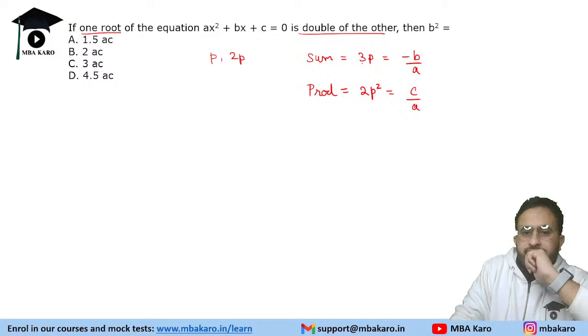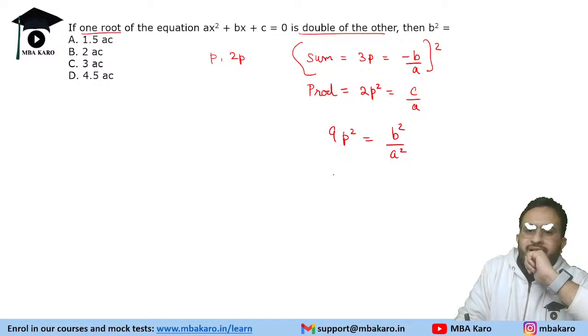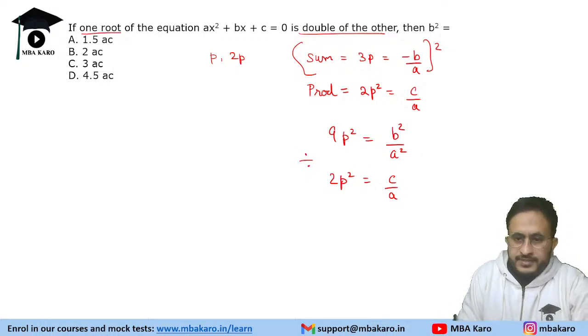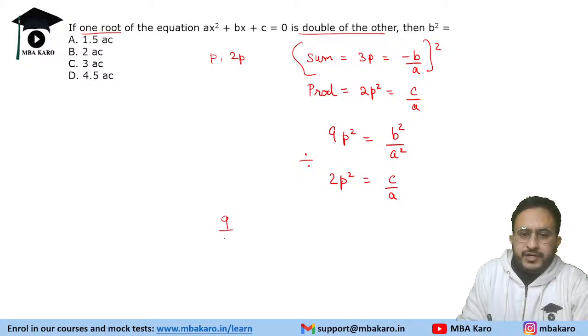Now what we will do is square this thing. So we will get 9p square is equal to b square upon a square. And the second equation is 2p square is equal to c upon a. So divide this expression. When you divide this expression, 9/2 is equal to b square upon a square into a upon c. So a will cancel out.